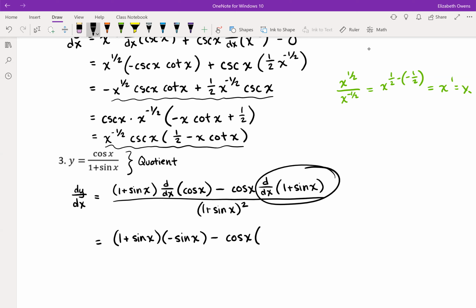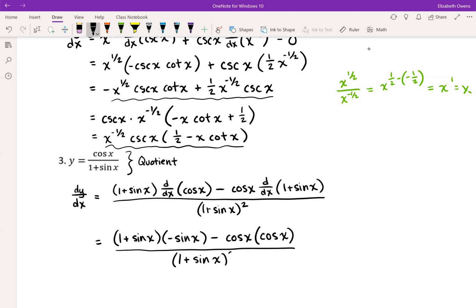And then the derivative of sine is cosine. So we have cosine x there. And then down in the denominator, I'm going to keep that factored as 1 plus sine x squared for now. Most of the time we're looking for ways to simplify these expressions, so keeping that factored is probably going to be nice for us.